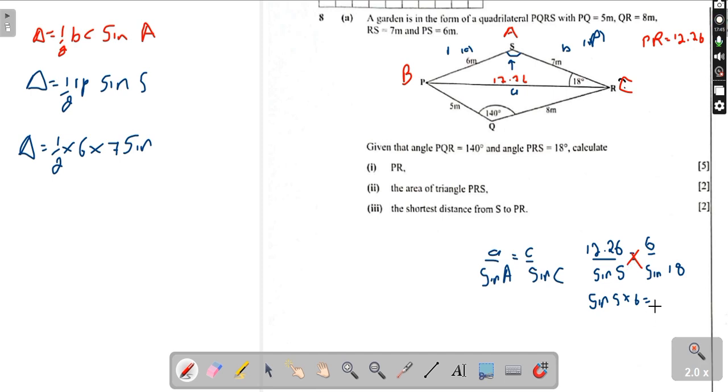This gives 3.7854 8. Divide by 6, because we want to remain with sine S.